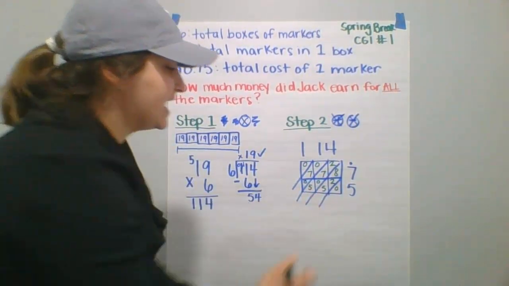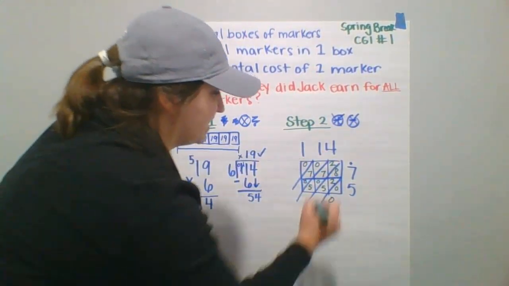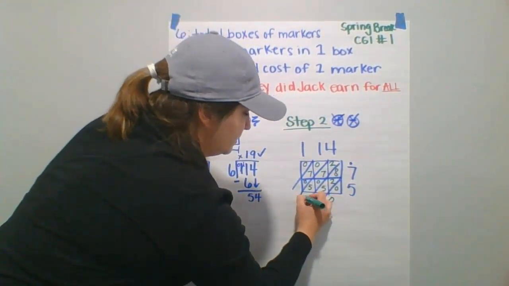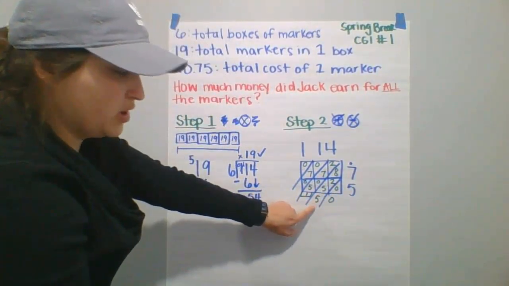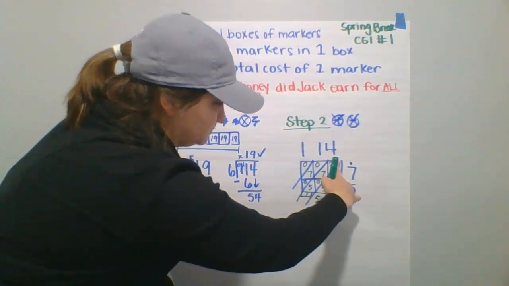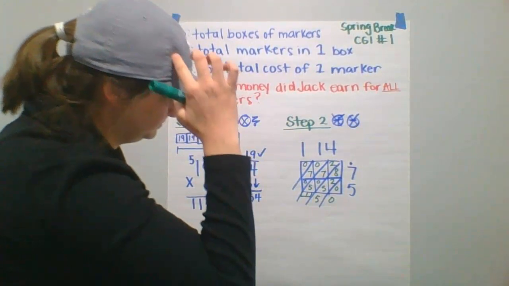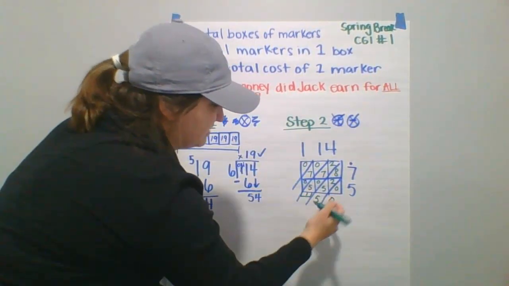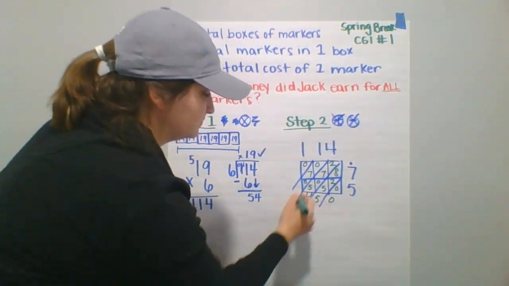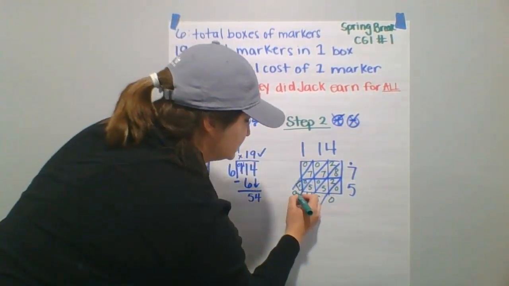And then we want to add. 0, 8 plus 2 is 10, plus 5 is 15. Carry that 1 over. 7 plus 2 is 9, plus 1 is 10, plus 5 is 15. Carry that 1. 7 plus 1 is 8.